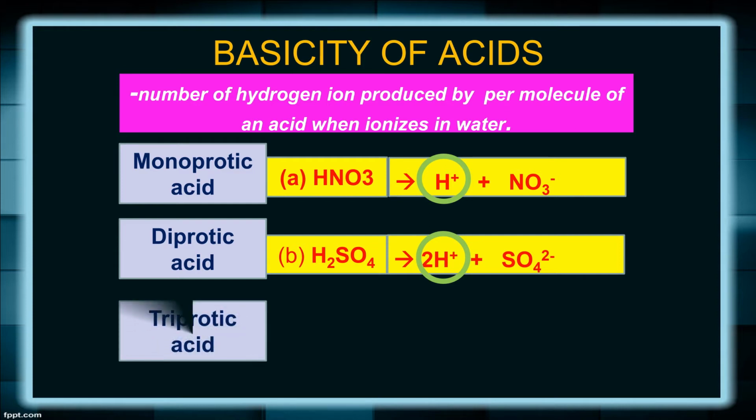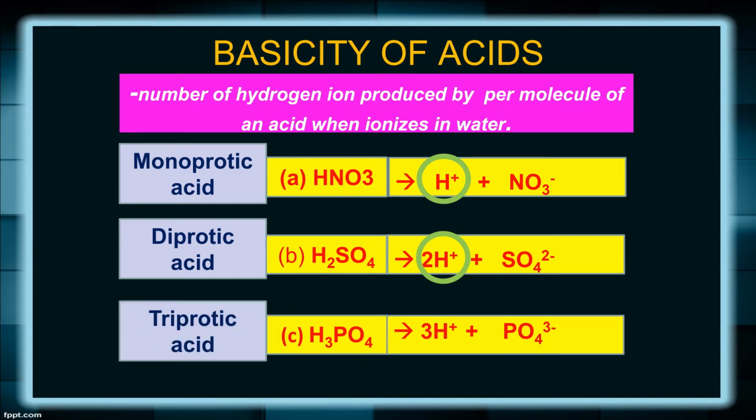Thirdly, triprotic acid. Example, phosphoric acid. 1 mole of phosphoric acid ionizes 3 mole of hydrogen ion and 1 mole of phosphate ion. Triprotic acid means it produces 3 moles of hydrogen ion per molecule of an acid.